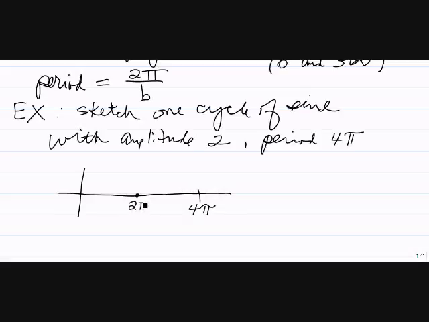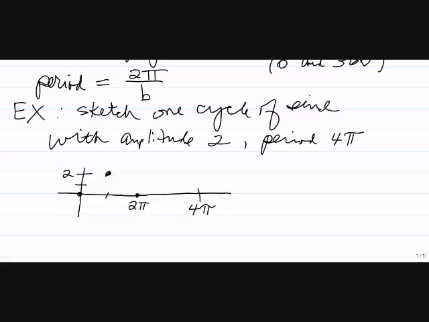Now, sine starts at the origin, 0, 0. And then notice it goes up to its maximum point. And its maximum point, if the amplitude is 2, is going to be 2. So directly in between 0 and 2 pi, that's at 1 pi, I get up to 2.